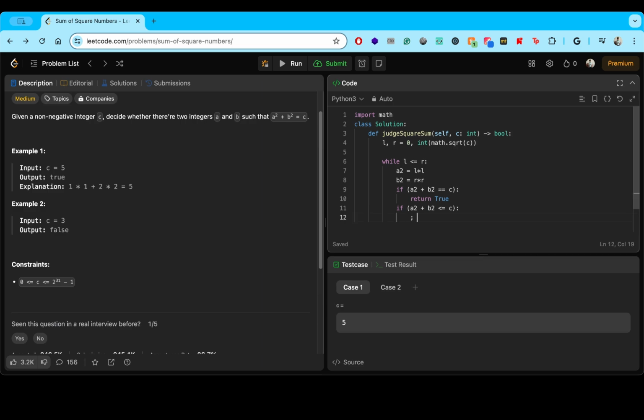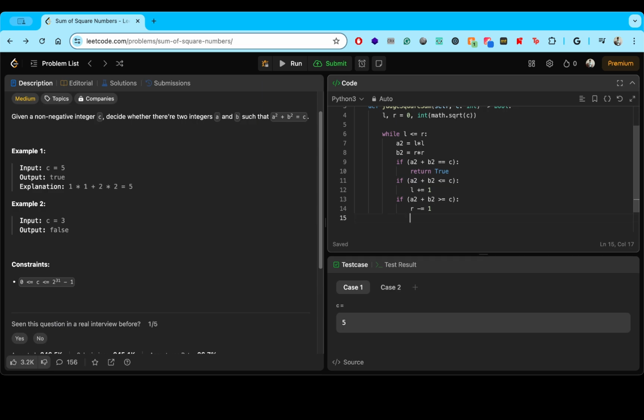So we'll do left plus equals 1. Then the other case is if a squared plus b squared is greater than c, so the value is greater than what we're looking for, we can take the right pointer and decrement it by 1. And let's say eventually our left pointer becomes larger than our right; what we can do is return false.